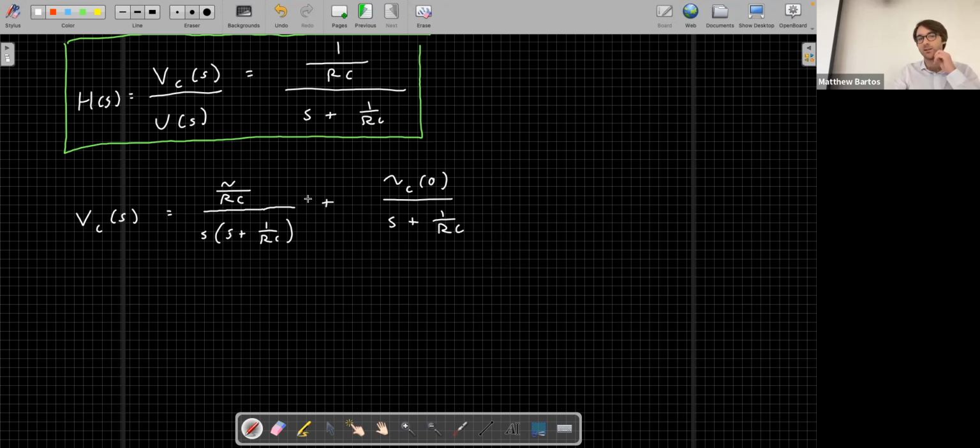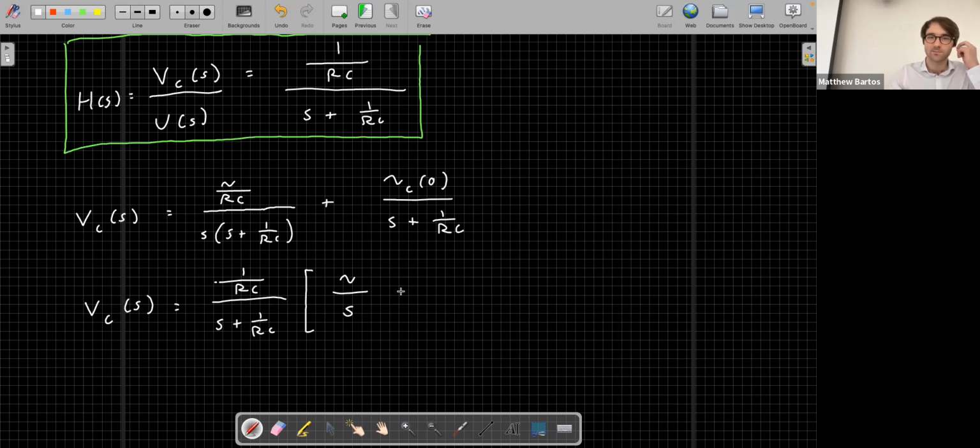So we can factor out H of s. From this expression, we get that Vc of s is equal to our transfer function H of s, which is 1 over RC over s plus 1 over RC, all times V over s plus RC times Vc of 0.